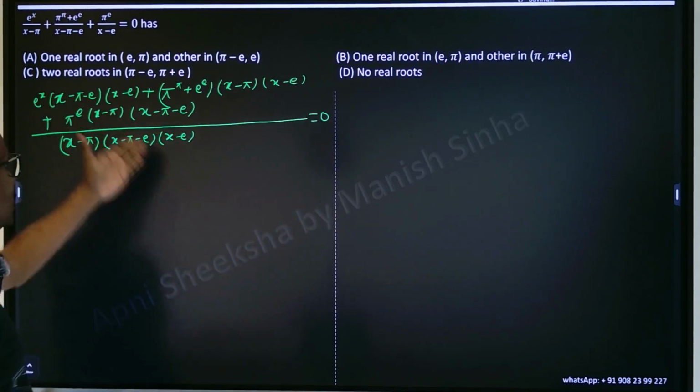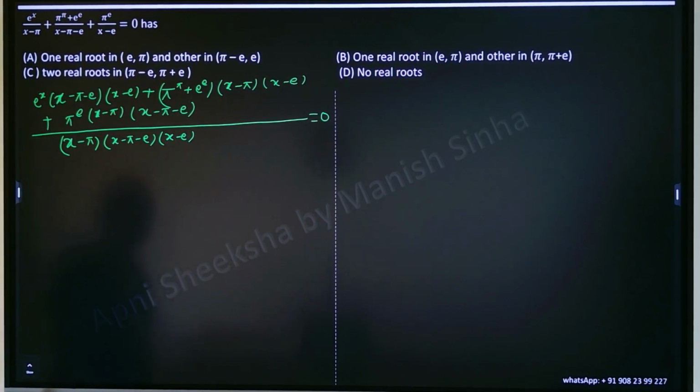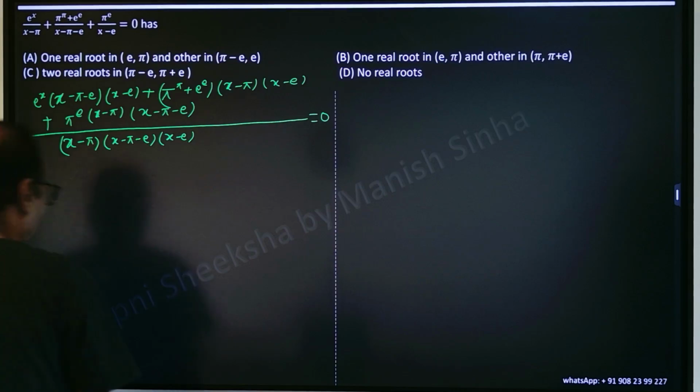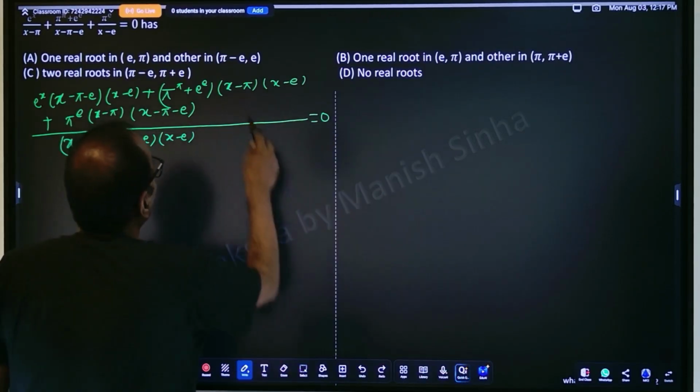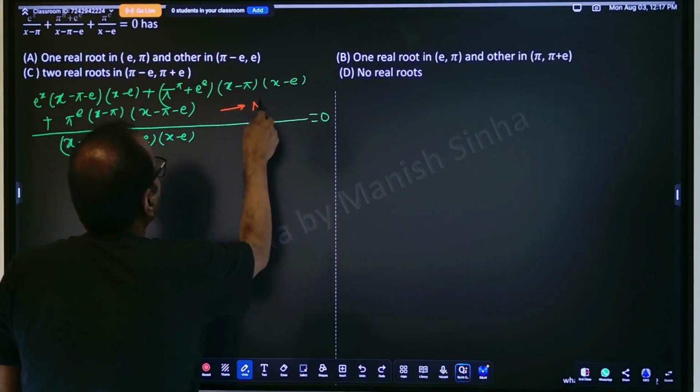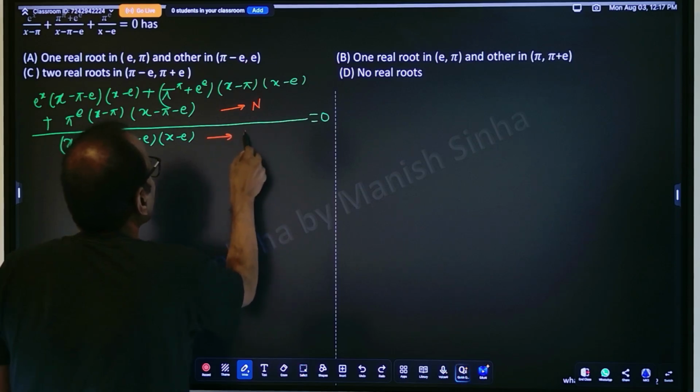So this is the equation after simplifying, right? The top one is the numerator, the bottom is the denominator.